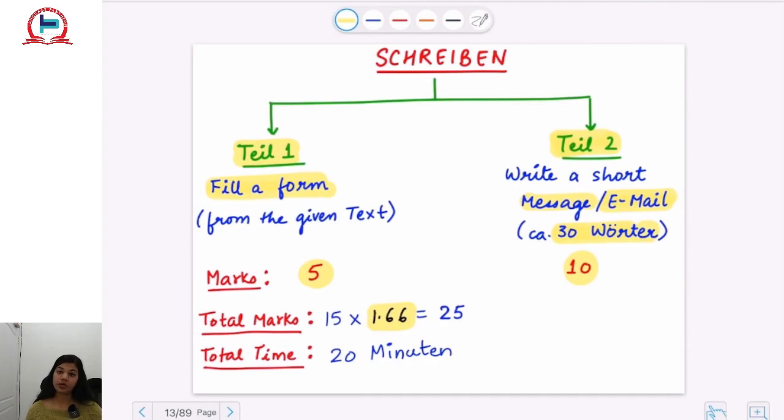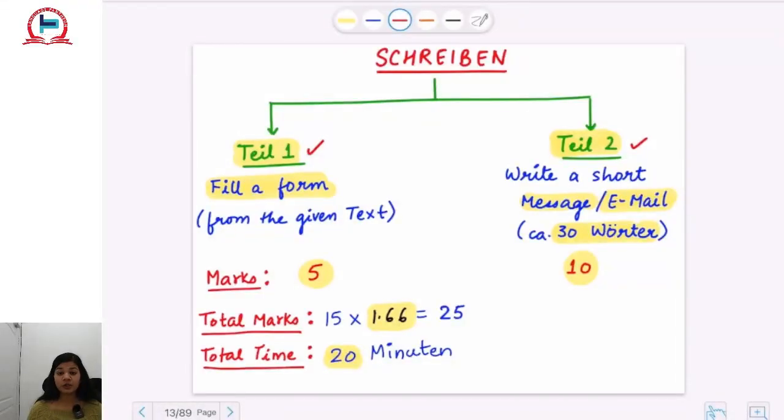Now the trick in the Schreiben Teil is, you have 20 minutes to do this entire Teil. You should try to finish Teil 1 in 4 to 5 minutes, not more than that, so that you can give more time to Teil 2.